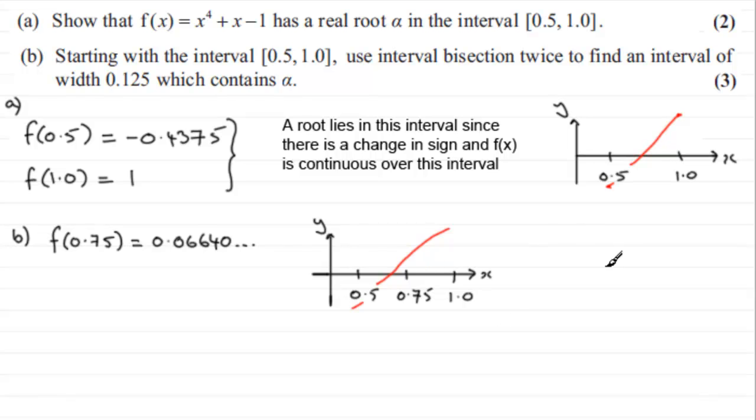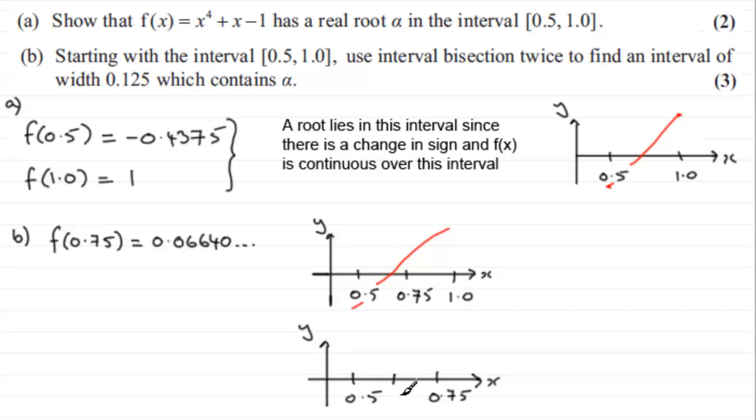So what we're going to do now is just check out what happens when we bisect the interval from 0.5 to 0.75. So I'm going to just enlarge this a bit just so that we can view it. And if I work out the midpoint of these two, just add the two values together, 0.5 and 0.75, and divide that answer by 2, you'll get your midpoint value there.